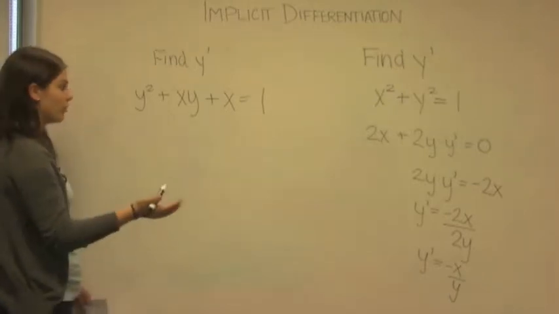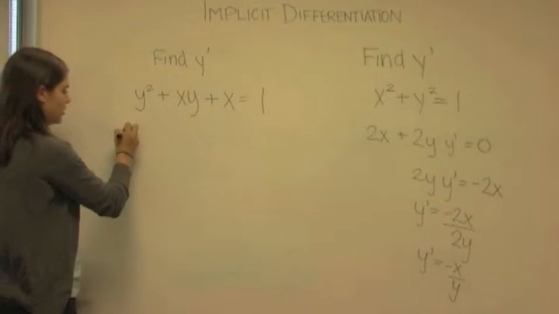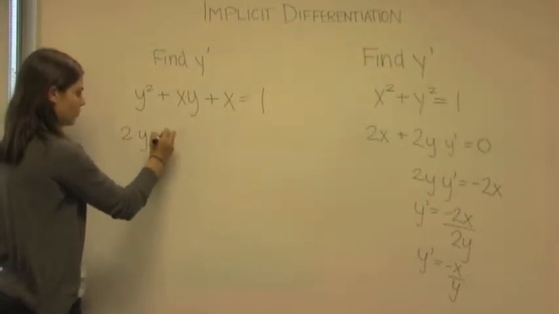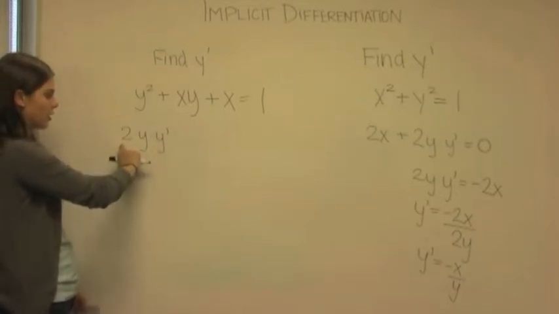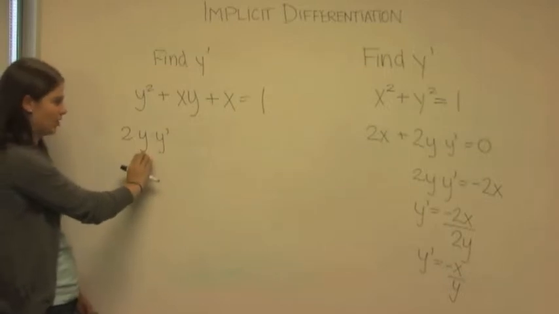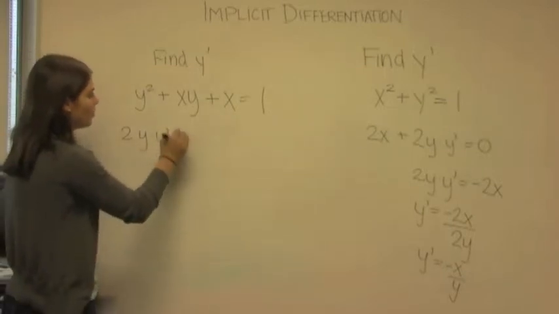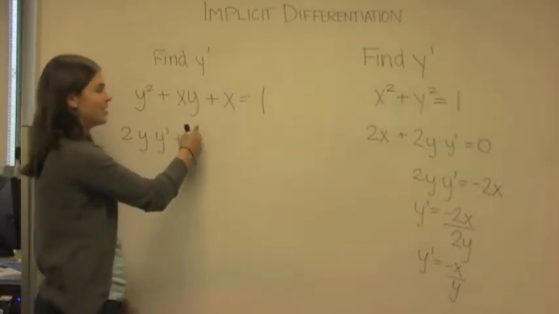So like before, the derivative of y squared is going to be 2y times y prime, because I took the exponent down to the front, multiplied, left the inside alone, and then multiplied by the derivative.